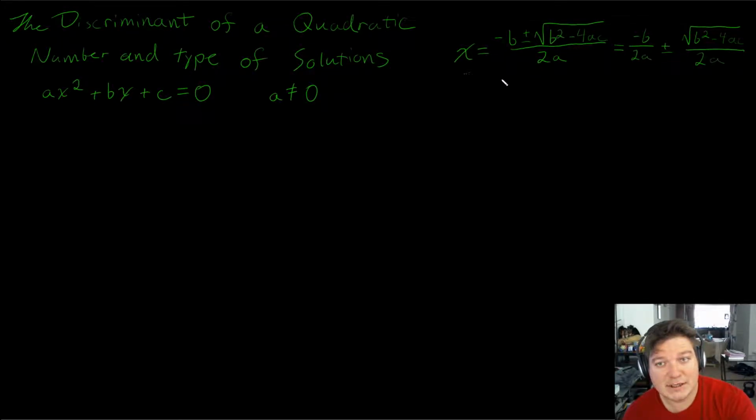So let's take a look at how that would go. If the discriminant, which is b squared minus 4ac, equals 0, what we end up with is negative b over 2a plus or minus the square root of 0 over 2a. Well, that's just negative b over 2a twice.